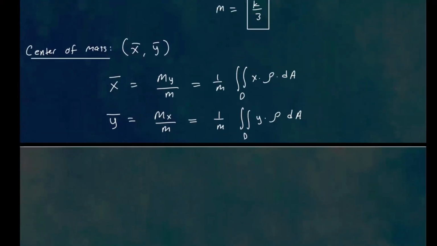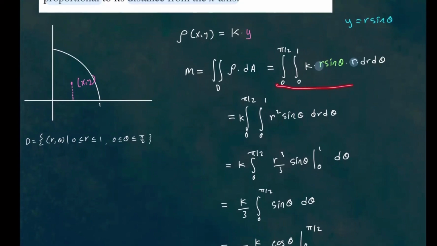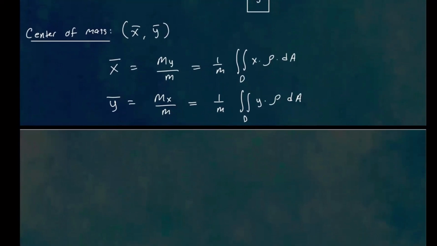We're going to substitute it right here. The double integral is pretty much the same setup because you're looking at the same region. So we're going to set up exactly the same way, except to multiply by this extra factor of x or y, depending on which moment we're looking at. So let's do that. We're going to find x bar first. That is going to be 1 over m.